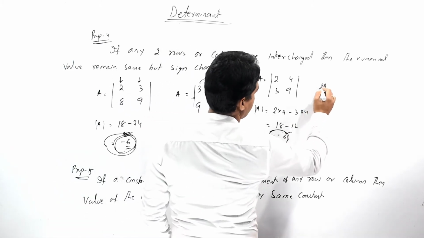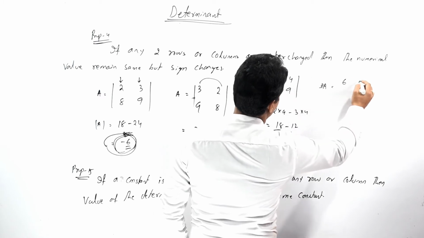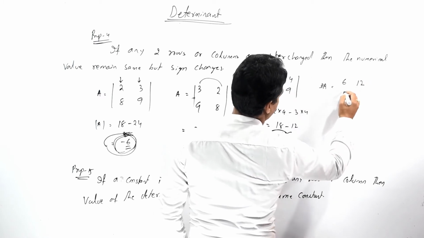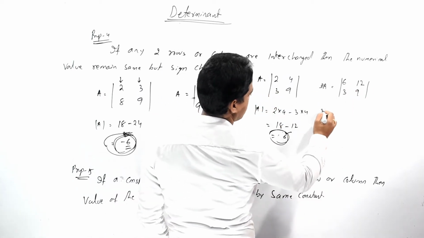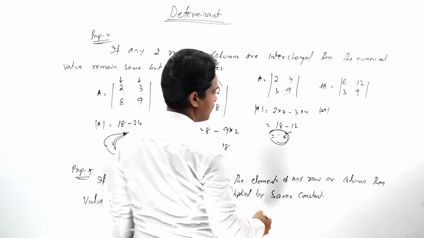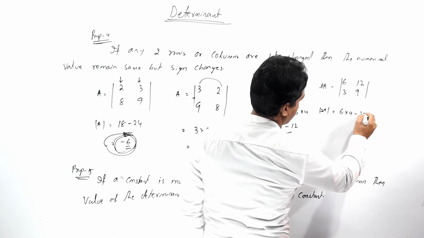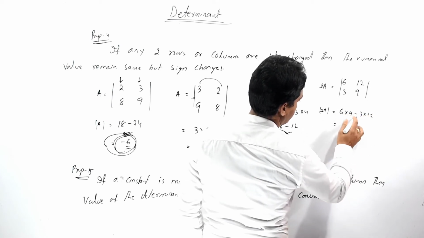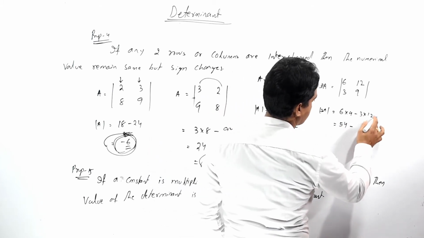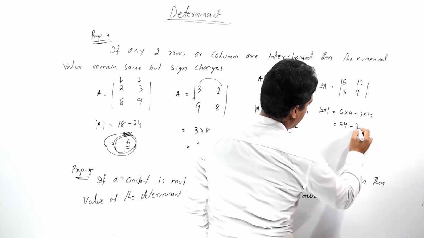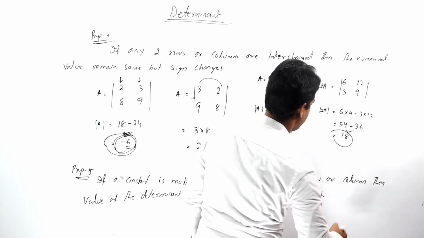So 3A equals 3 into 2 is 6, 3 into 4 that is 12, 3 and 9. Now we find the determinant value of 3A, that is 6 into 9, 54, minus 3 into 12, that is 36. So the value of the determinant is 18.